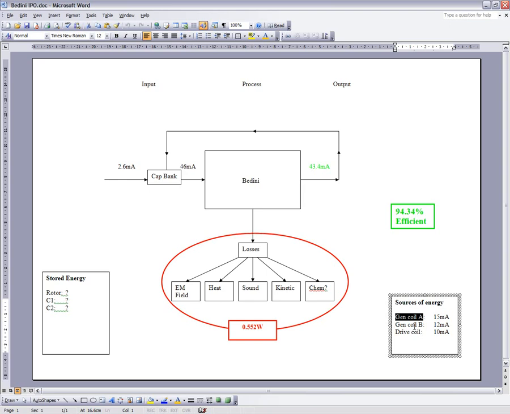Gen coil B is the coil that's wrapped around the outside of the bipolar windings, and that's producing approximately 12 milliamps. So we can calculate that it's recovering 43.4 milliamps.